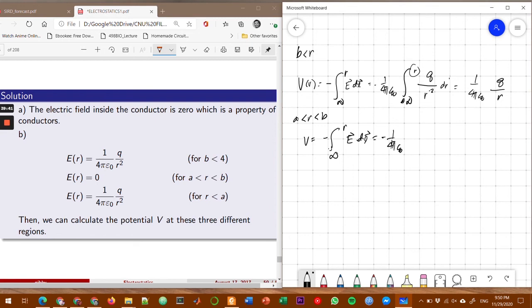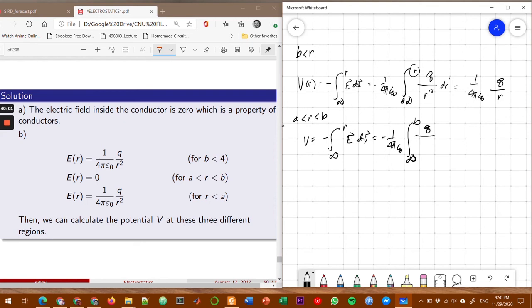In this case, you traverse two regions. First is from infinity to the surface at the outer radius of your spherical conducting shell.